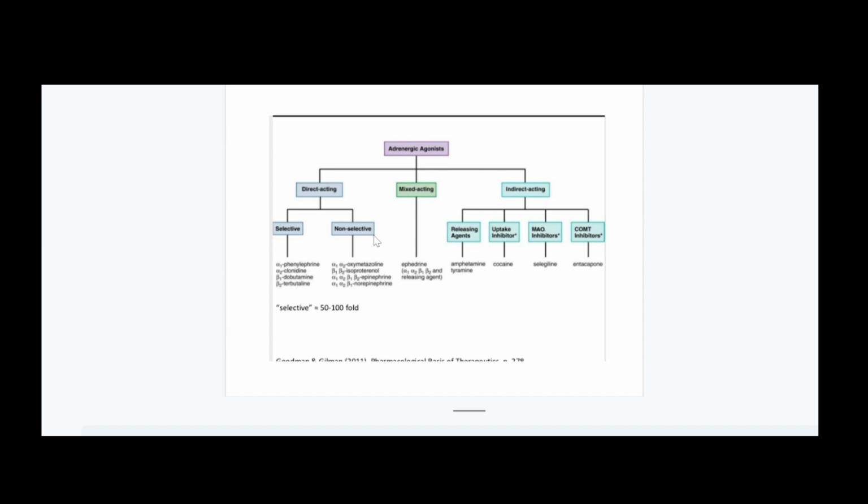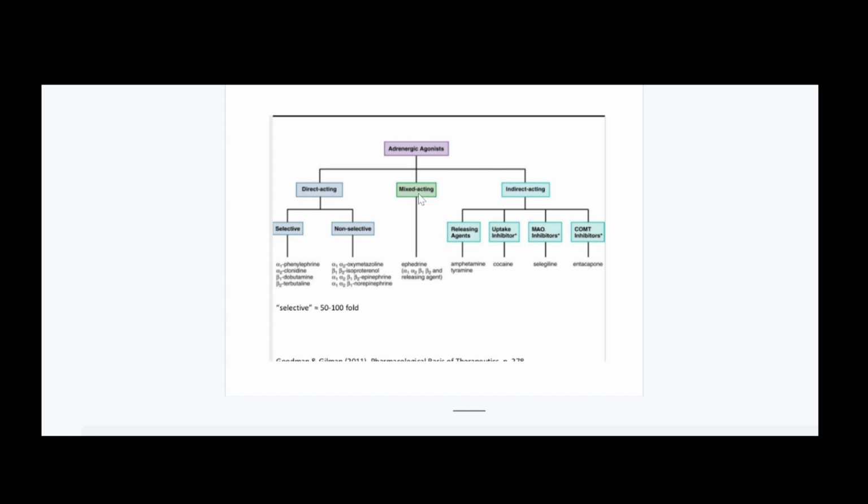If a drug is only selective to alpha 1, it's going to bind only to the walls of the blood vessel. If it is non-selective, it is binding to all alpha receptors, to all subtypes. If it is selective, it is binding to only one subtype at a particular organ. If it is non-selective, it is generalized, binding to all subtypes, depending on where they are located.